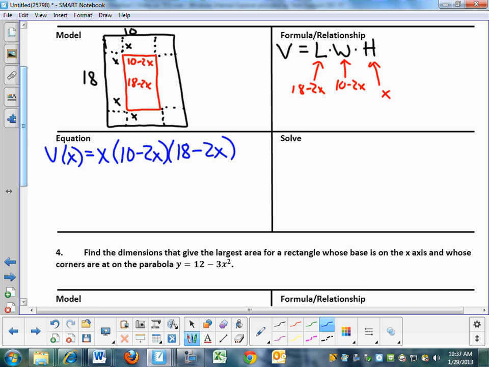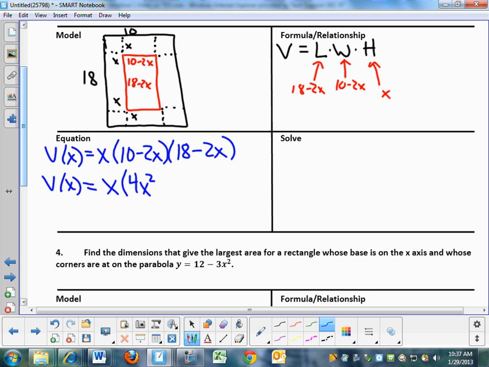Now again, question, would you have to multiply it all out? No, you could use the chain rule, the product rule twice. But my guess is you don't want to do that. So if you don't want to do that, then you got to raise a polynomial, so you do have to multiply it out. Volume in terms of X is X times, what's negative 2X times negative 2X? 4X squared.